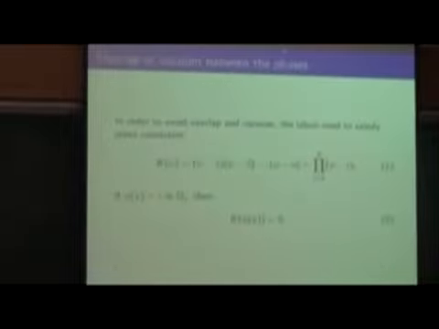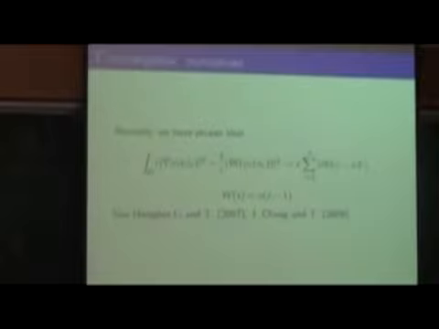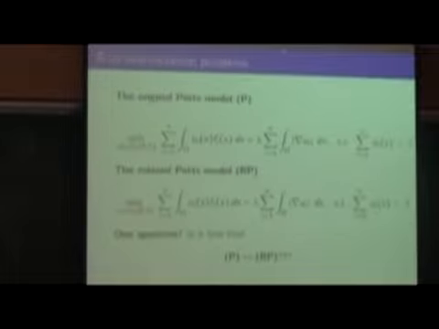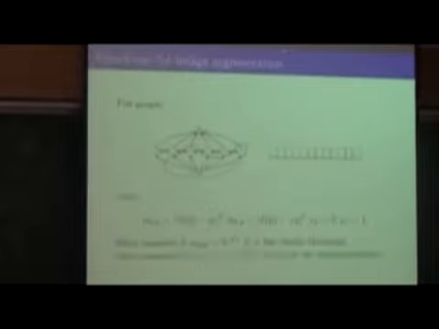The Chan-Vese model, with the piecewise constant approach, and then the phase field approach. Especially the convex relaxation, which turns out very fast and very stable, combined with Lagrangian methods. Then I talk about graph cuts.